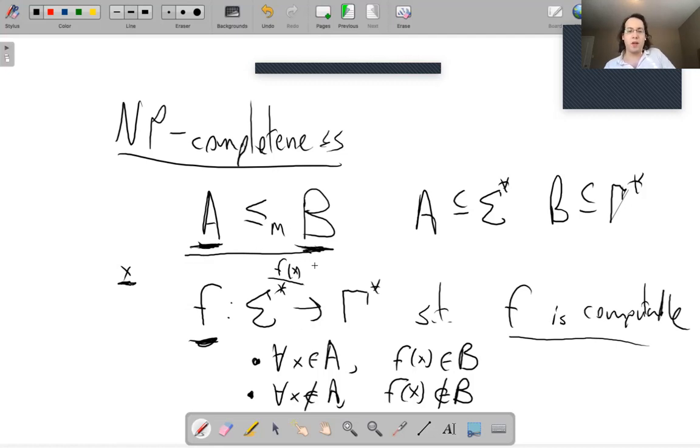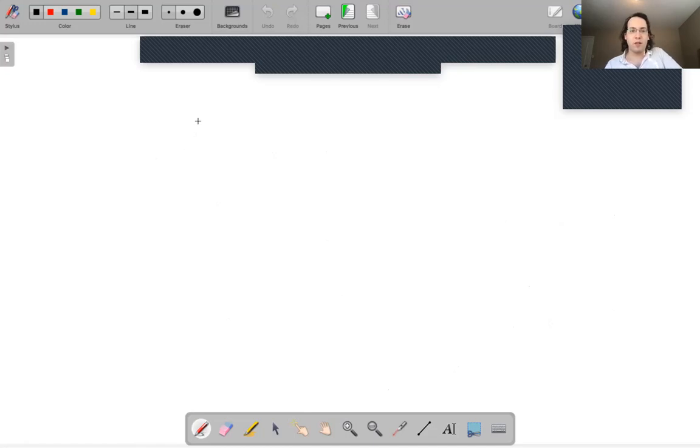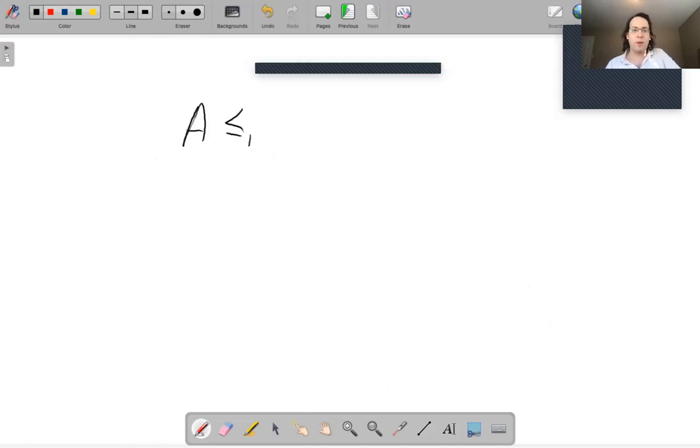All right. Now we're going to define polynomial time mapping reduction. We denote it like this.